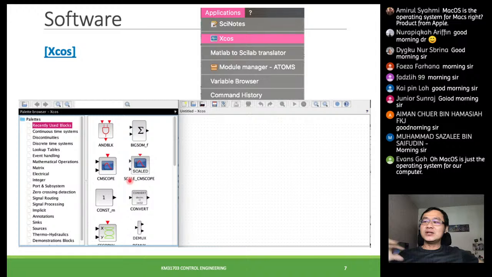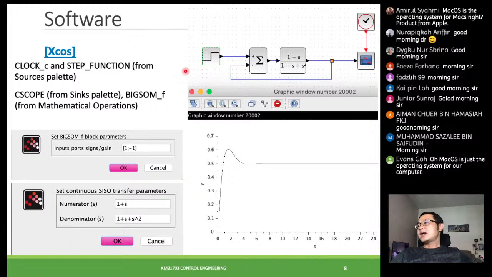That's why MATLAB, Simulink, Xcos, and so on are very useful tools for engineers, especially on the signal side, the communication side, to analyze how the signal changes. So you just drag, and drag.